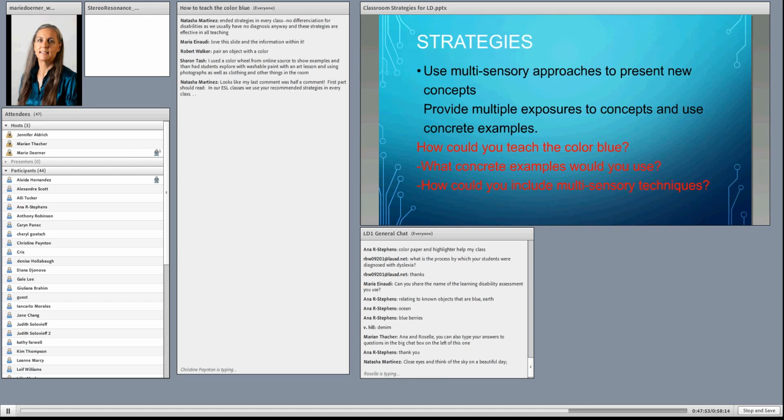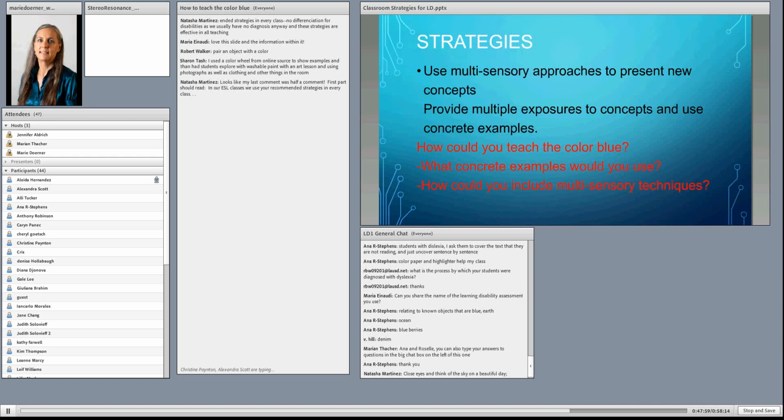So it's giving you a whole range of the type of color that we still call blue. Close your eyes and think of the sky on a beautiful day. You could add touch by touching blue fabric, denim, velvet, Velcro, so the sense of touch is added to it.